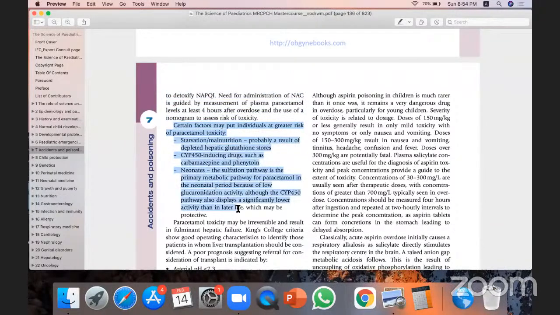If any child is taking phenytoin or carbamazepine, which are hepatic enzyme inducers, or a neonate whose main pathway is sulfation and who does not have the glucuronidation pathway, they have a high chance of toxicity. And if the child is malnourished, these things are contributing factors. Also, if the child takes paracetamol and aspirin together, or paracetamol and alcohol together, these are very dangerous.